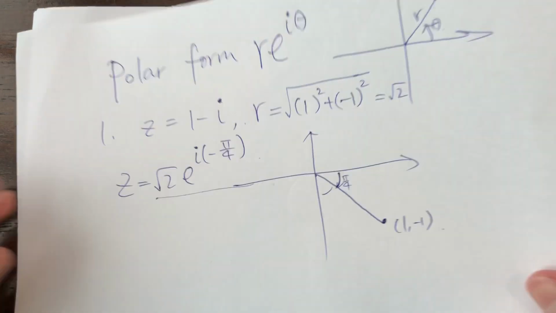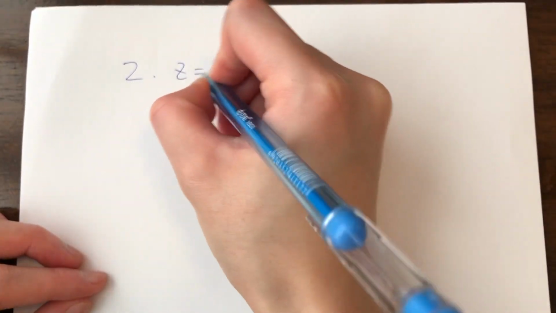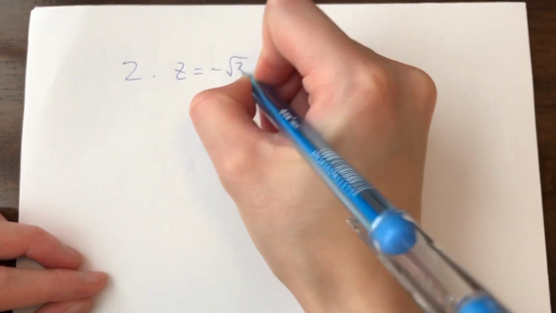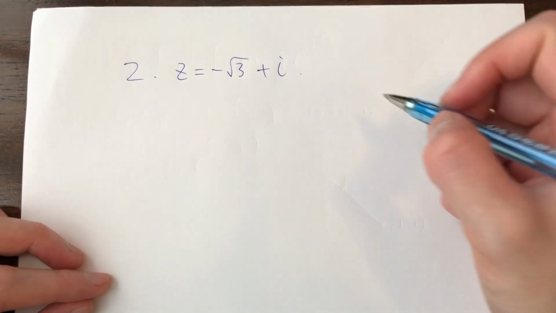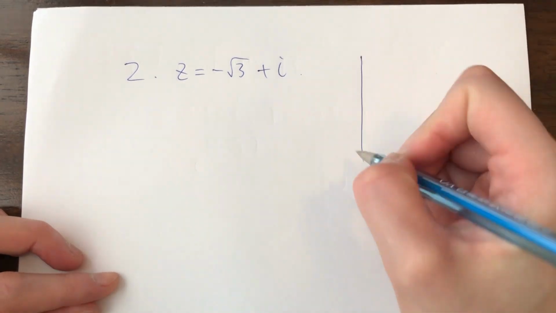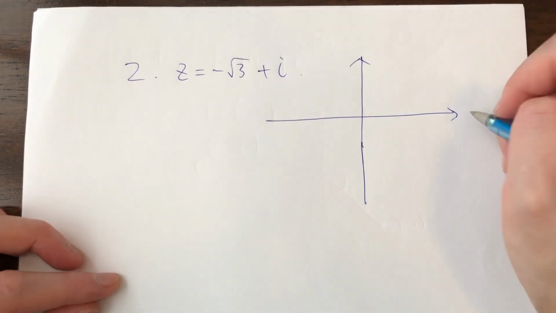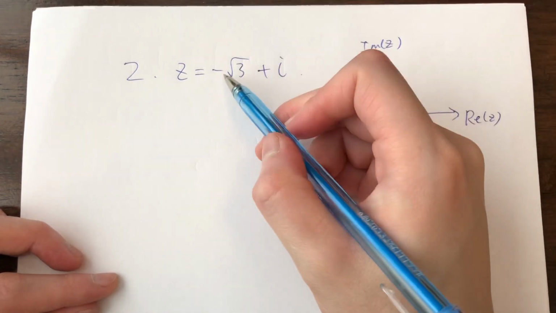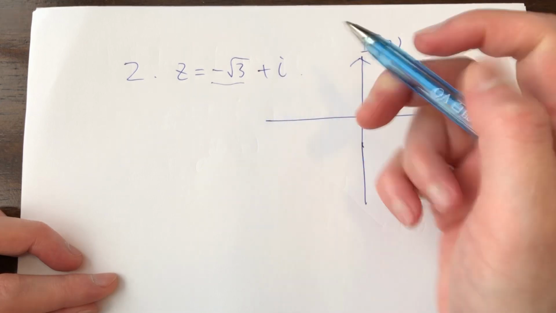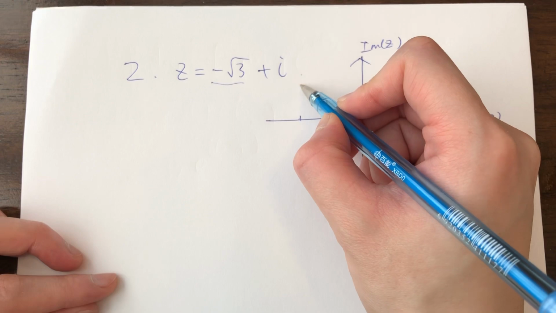So let's look at some more examples. z equals negative square root of 3 plus i. Again, I'd like to draw the complex plane. This is the real part, this is the imaginary part, so the point is negative square root of 3, 1.